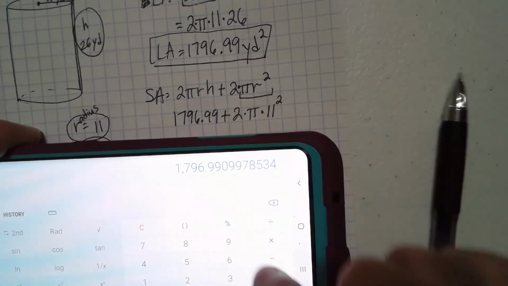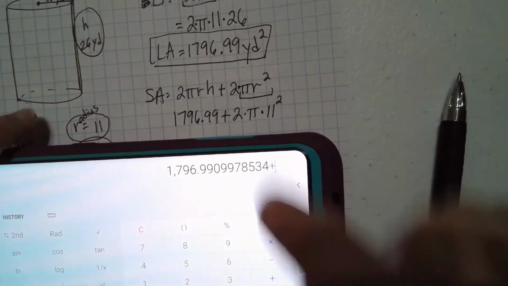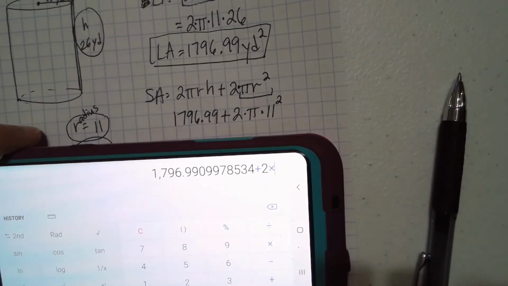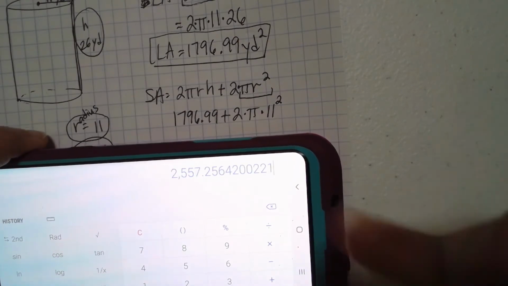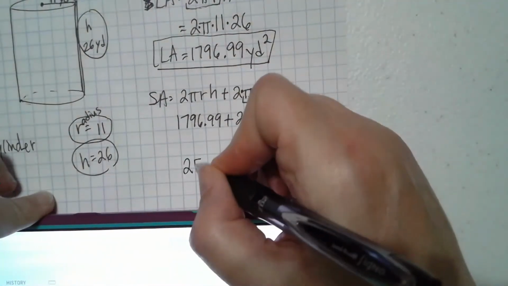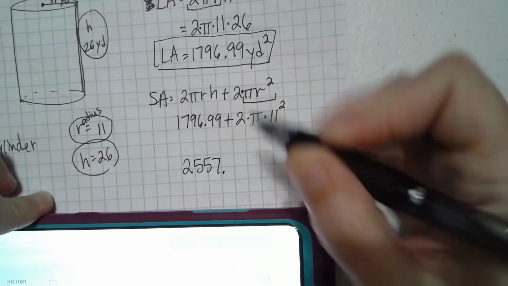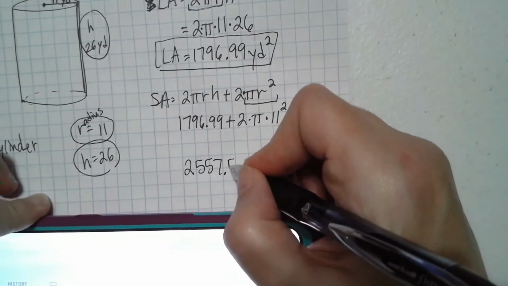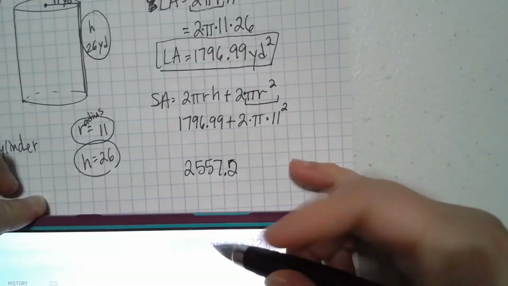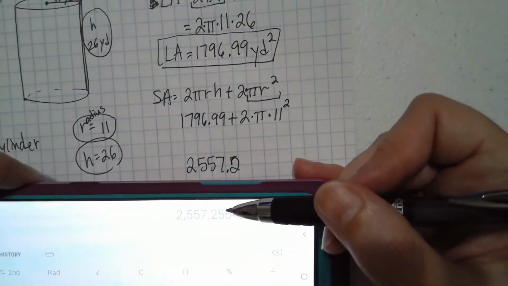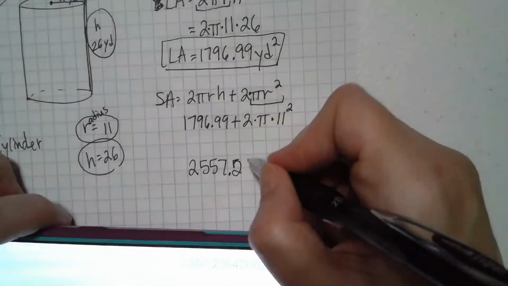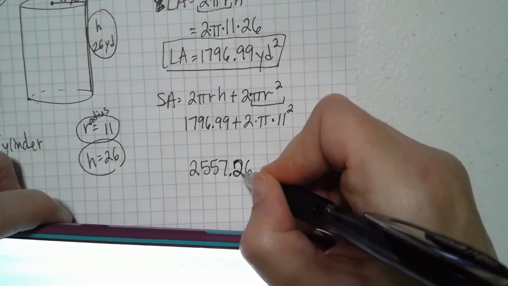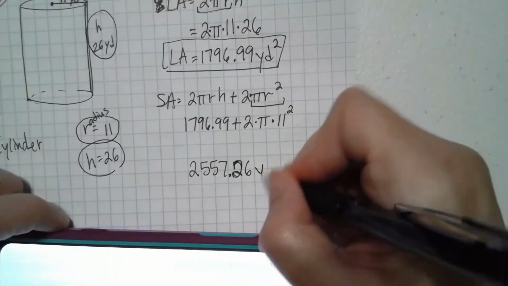So I'm just going to keep going from there. Plus 2 times pi times 11 squared, up to the second power, gives me 2,557.25. After the 5 is a 6, so I'm going to bump that up to 2,557.26. Okay, yards squared.